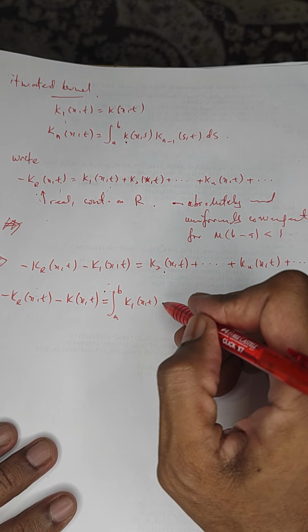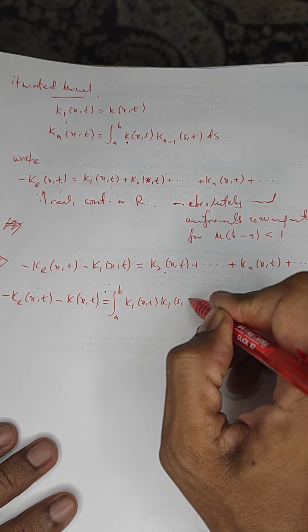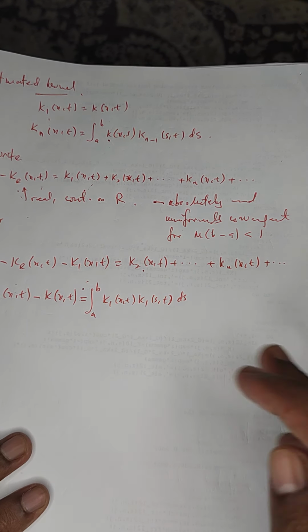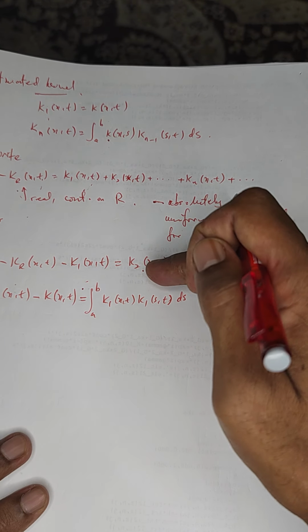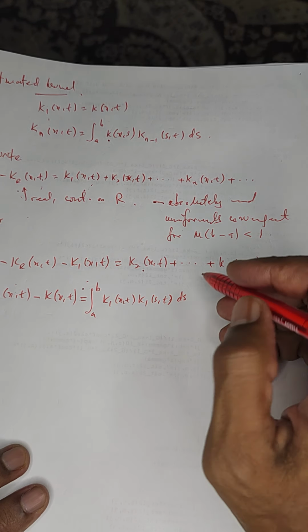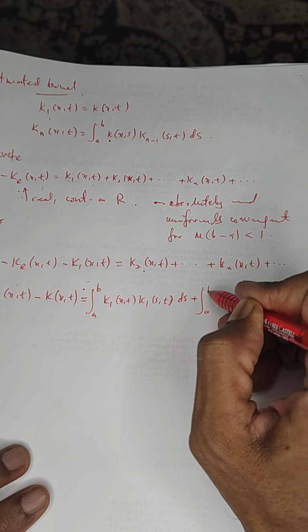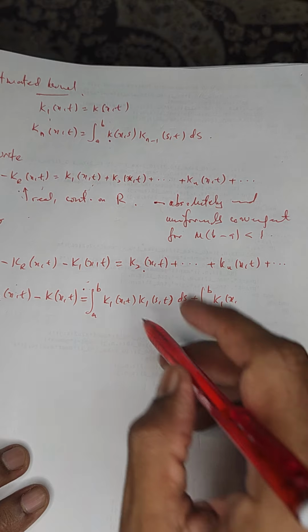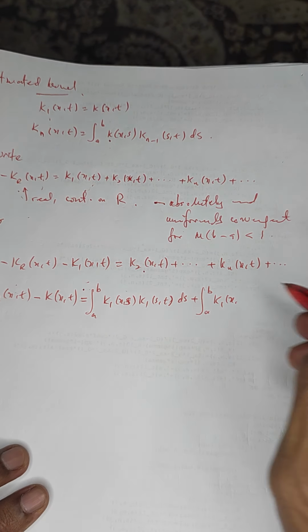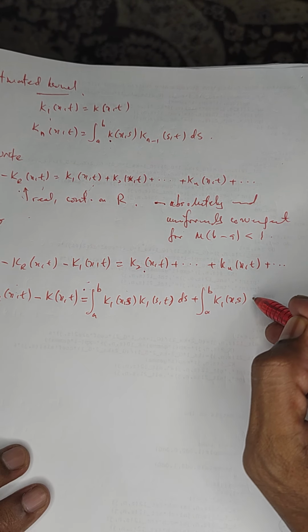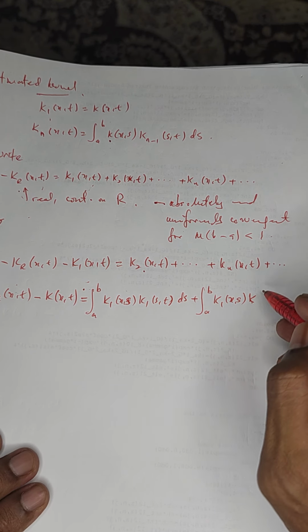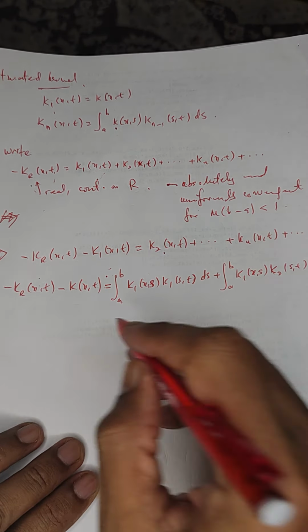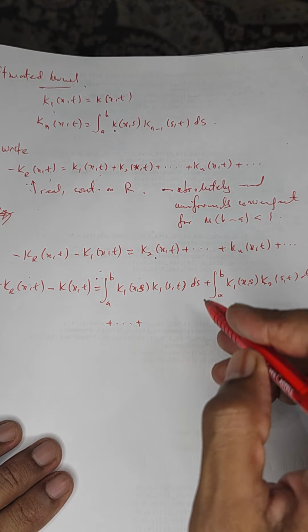so we have k1(s,t) ds, and I can write for k3 and so on: integral a to b k1(x,s) k2(s,t) dt, and so on up to n.